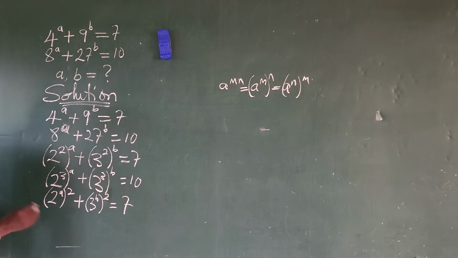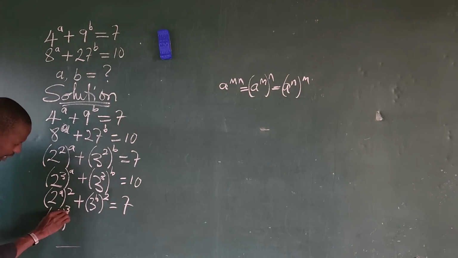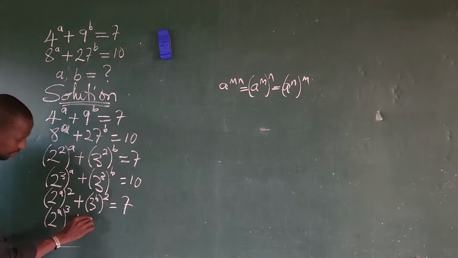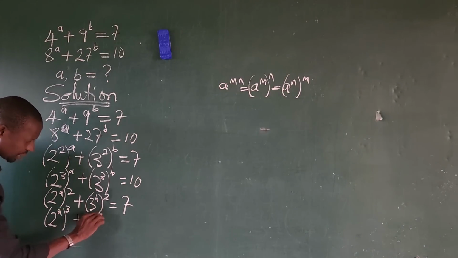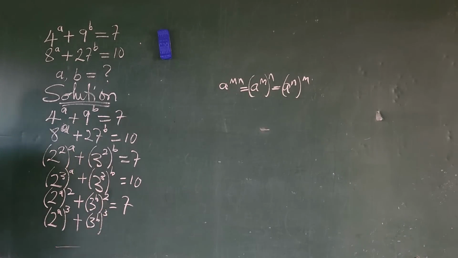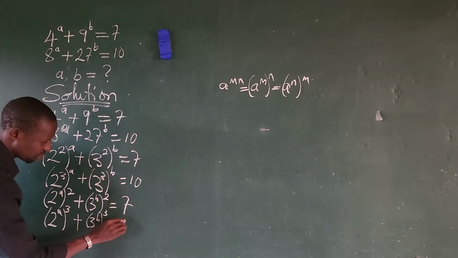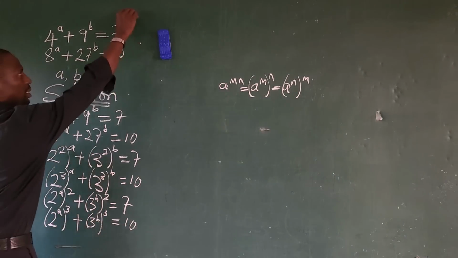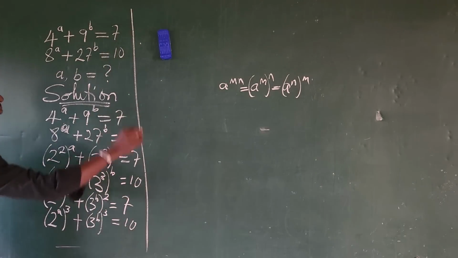This will also be written as 2 to the power of a, to the power of 3, plus 3 to the power of b, to the power of 3, so this is equal to 10. Let's continue on this side.